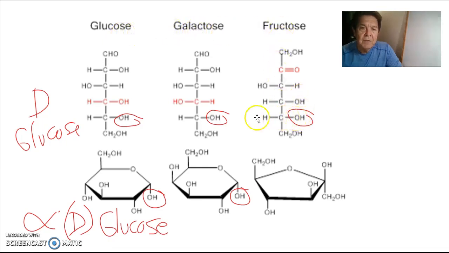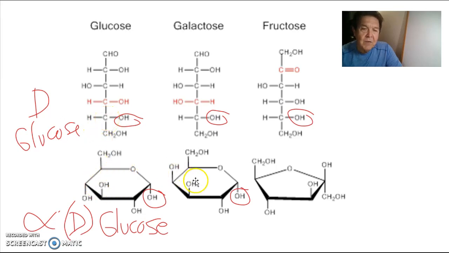Remember that you have to recognize the formulas of these three compounds. It's also important that you recognize which one is D-glucose from L-glucose according to the position of the OH in the chiral carbon.